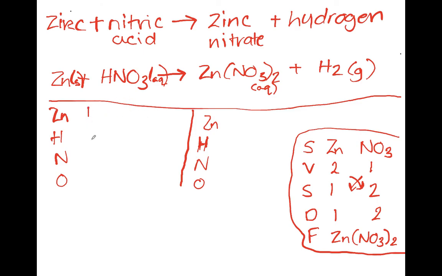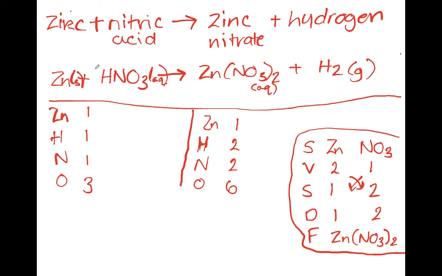So we've got 1 zinc, 1 hydrogen, 1 nitrogen, 3 oxygen on the left, and 1 zinc, 2 hydrogen, 2 nitrogen, 6 oxygen. Where did I get these numbers from? We have 2 NO3 according to this number outside the bracket, so everything inside is multiplied by the number on the outside. 2 times 1 is 2, 2 times 3 is 6.